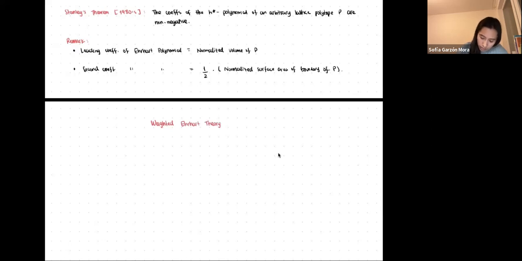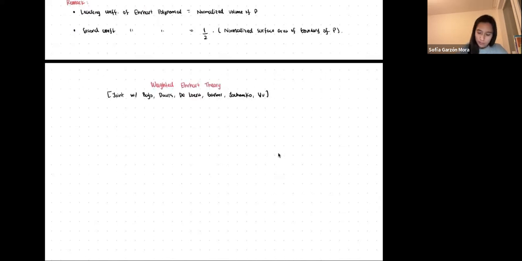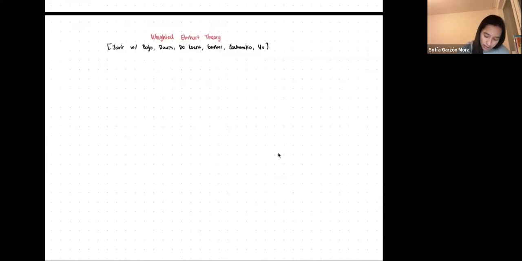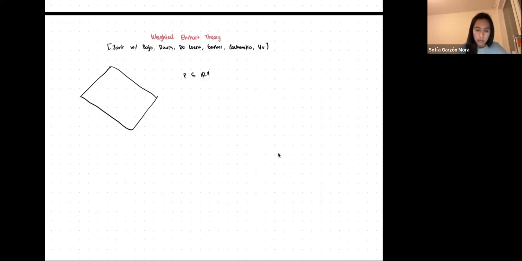And well, this is joint work with a lot of people: Esme Bajo, Rob Davies, Jesus de Loera, Alexey Garber, Katerina Yuzhenko, a lot of people working here, and Josephine Yu. And what we do here is we're going to take a polytope in R^d, hopefully a lattice polytope, but my drawing is not so good.